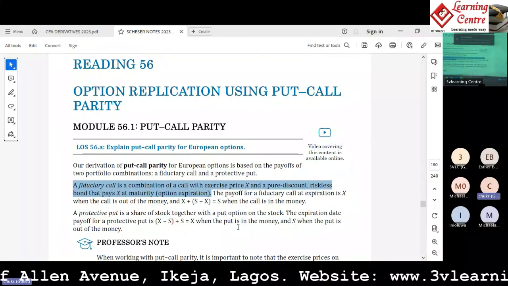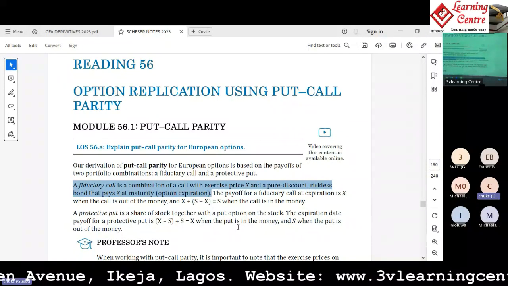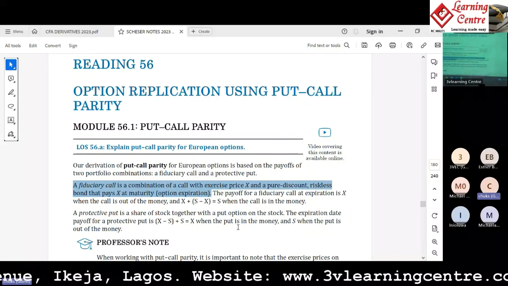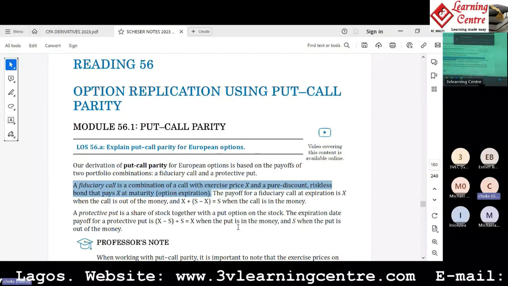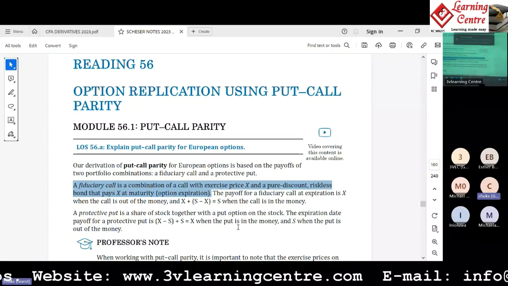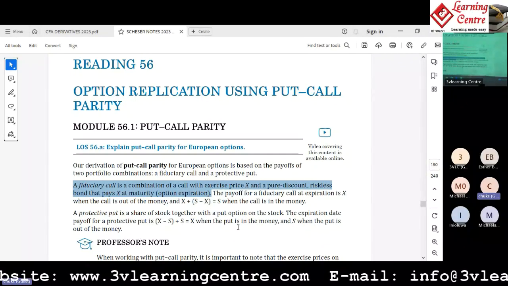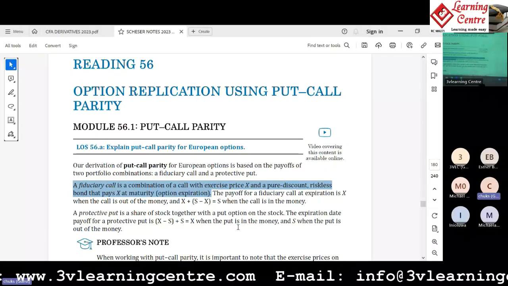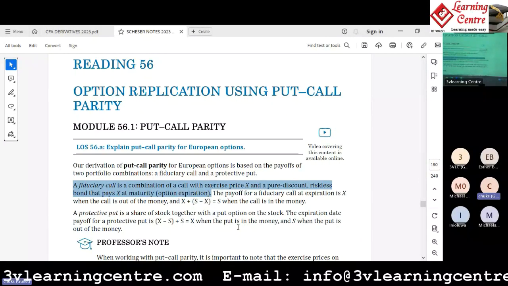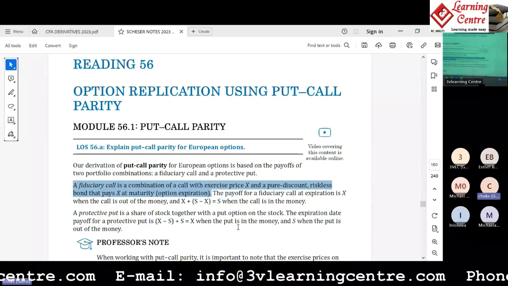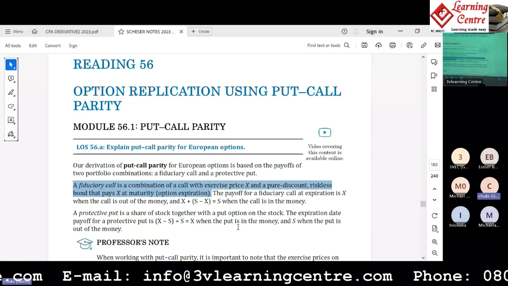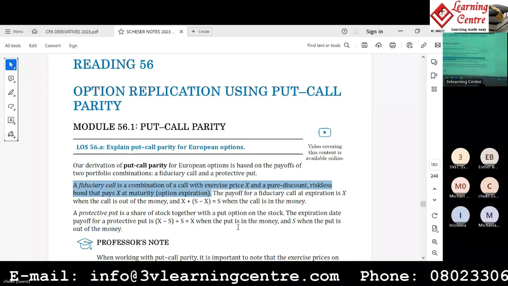Because he doesn't have cash to exercise the option, he has a problem. So this fiduciary call says that for you not to have that future problem, how much do you need? Let's say you need to invest 400K today, and the interest rate from a risk-free return will turn that 400K to 500K in 1 year's time, so that you just withdraw your investment from the bank and give Esther the money.